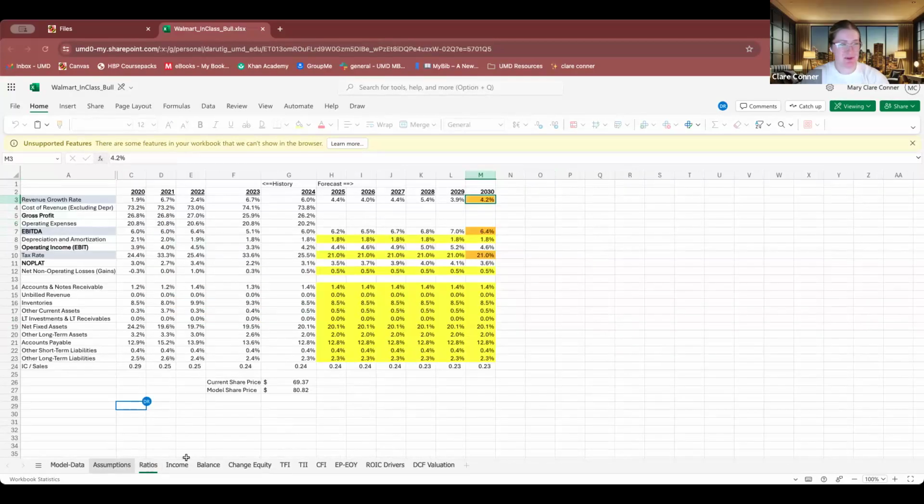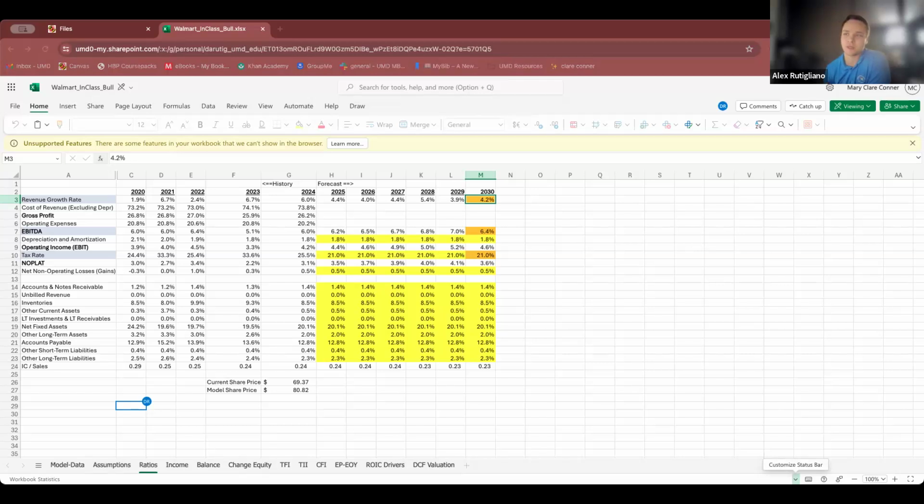Alex, maybe you want to jump in on that, Chris? Yeah, to that point, Claire's reasoning was what we talked about as a group around seeing some growth in things like automation, e-commerce, and gaining efficiency, helping to drive some of that growth in perpetuity.